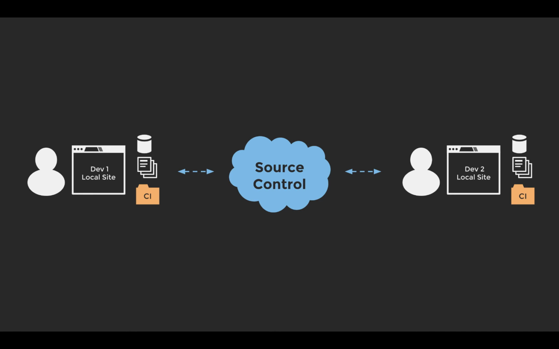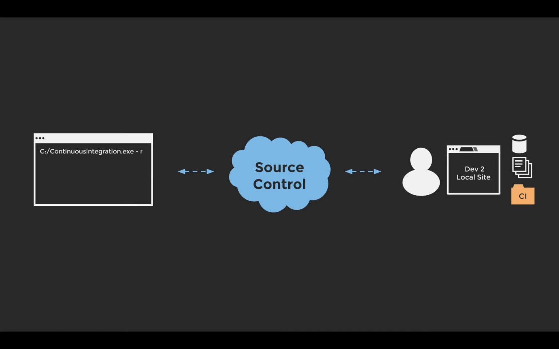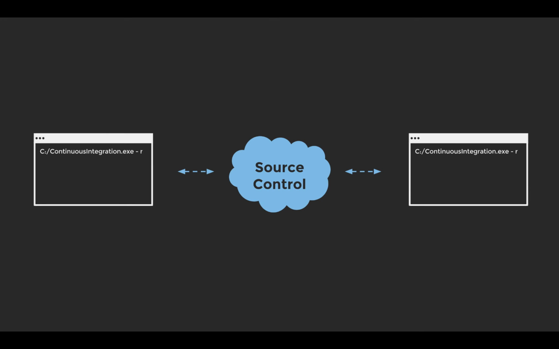So what we need to do to actually process the changes that we've brought down from source control is we have to run an executable that Kentico developed, and this is named continuous integration .exe, and you use this with a parameter R. It's within the bin folder of the project. It's not on C, but I just couldn't fit that in here. So this developer would run that and get the changes. Likewise, if another developer brought down changes that were contained within the CI repository folder, they would also run the continuous integration .exe program.